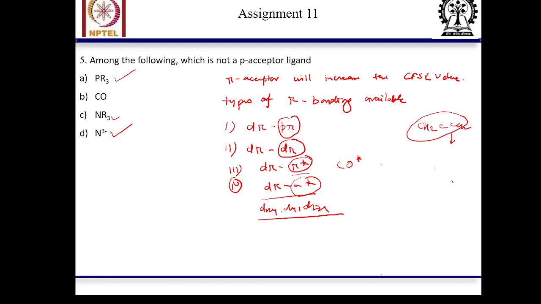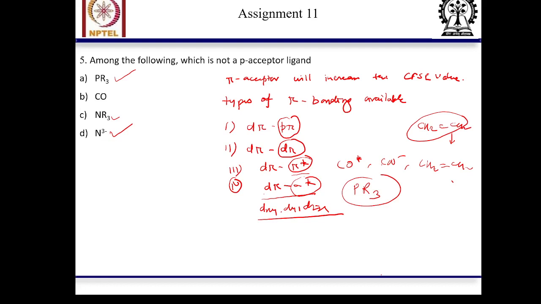The example of halide donor or NH3 is where we have d pi p pi. Basically d pi pi star is like CO, CN minus, and C2H4. d pi sigma star is basically PR3, where the sigma star orbital of PR3 has matching symmetry with d pi.